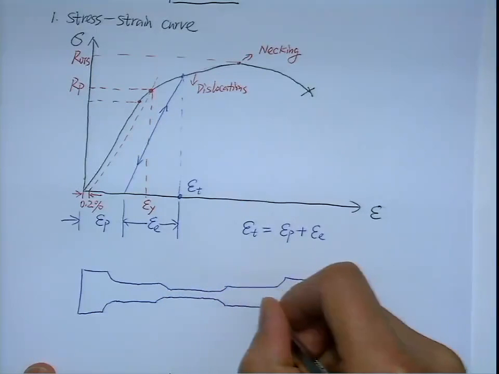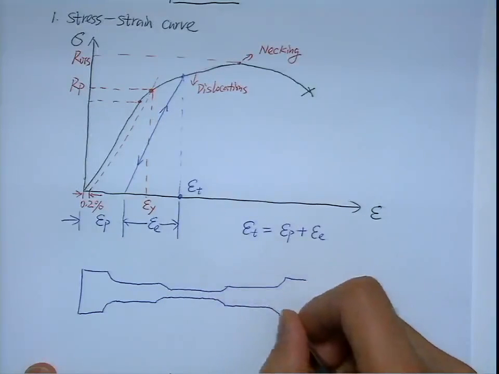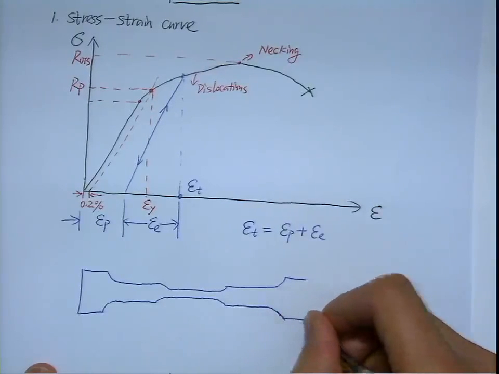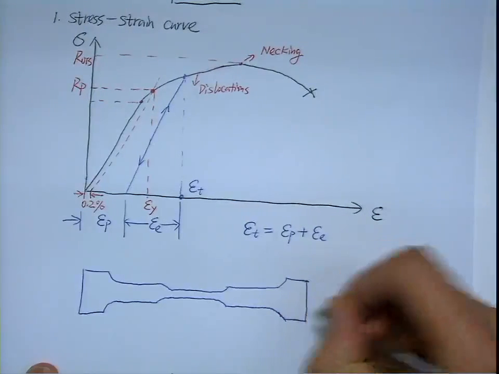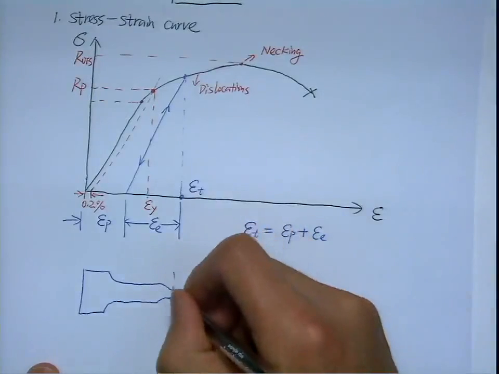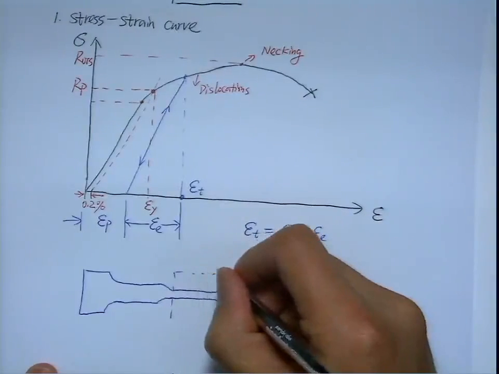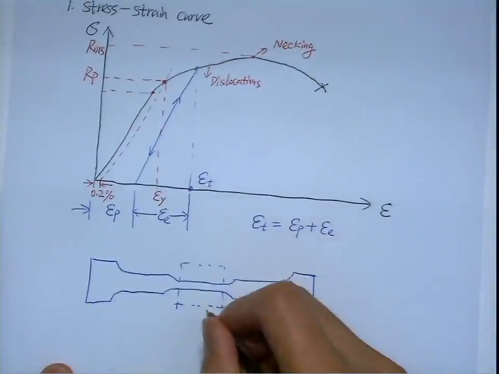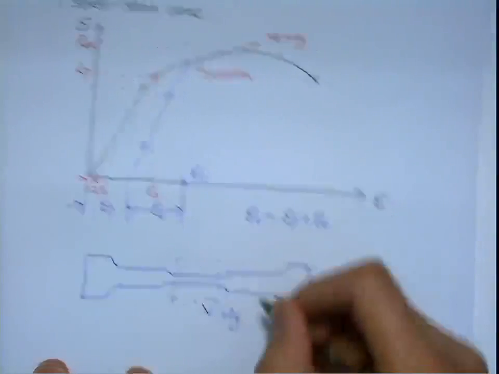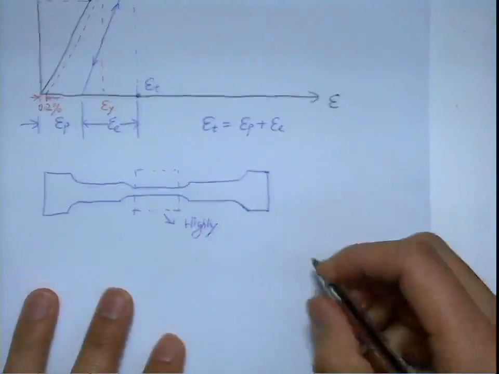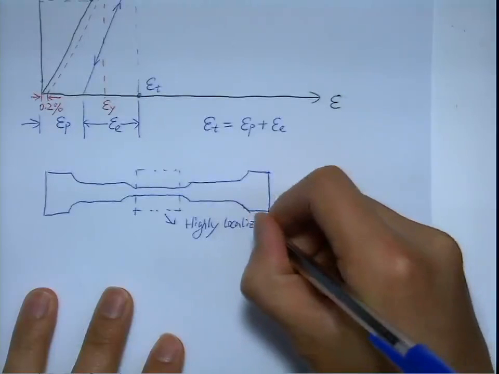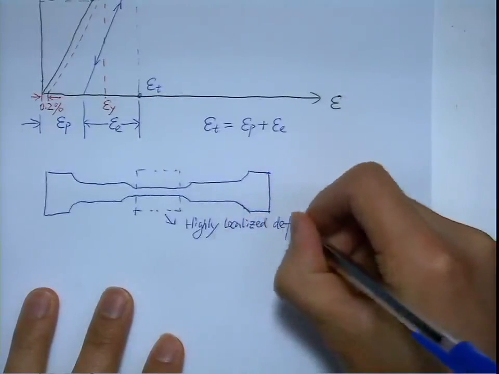The reason I'm showing you this is because some definitions of strain and stress are affected by this necking effect. So let's say this is a highly localized deformation.